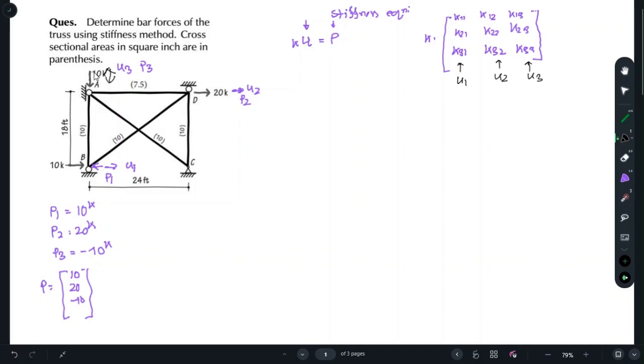So let's calculate things for E1. Your E1 is happening right over here at point B. So what we'll do, we'll allow movement at point B and we'll restrain movement at A and at D. So this D point and A point will be pinned.